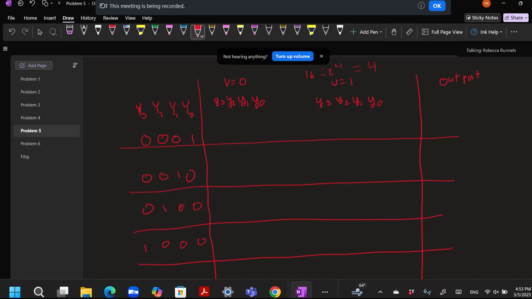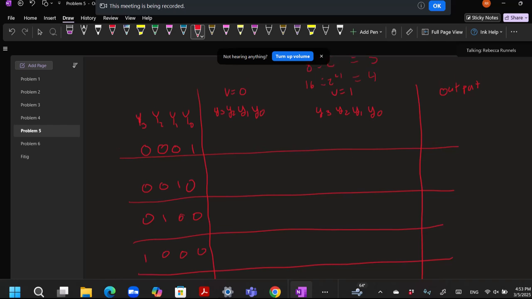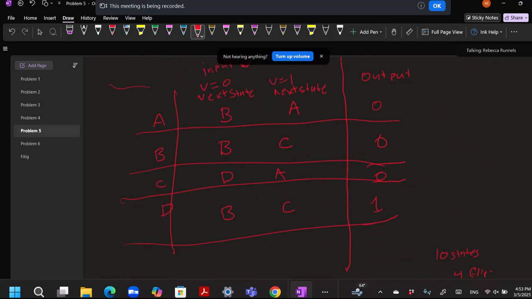And this was saying that I'm making A equal to 0, 0, 0, 1, B is 0, 0, 1, 0, C is 0, 1, 0, 0, and D is 1, 0, 0, 0.